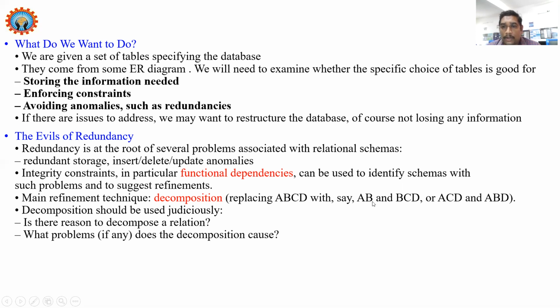Now if you combine these two tables, you get A, B, C, D again. Okay, clear. There should not be any loss of data. If any loss of data happens, then the process you are doing would be worthless. Okay, I hope you understand the concept of redundancy.